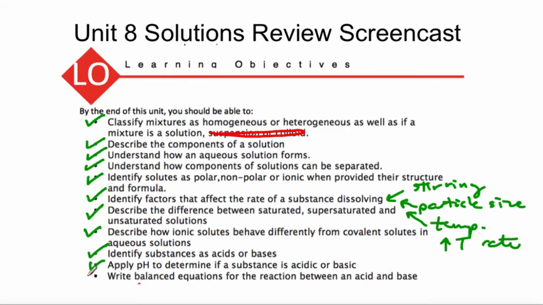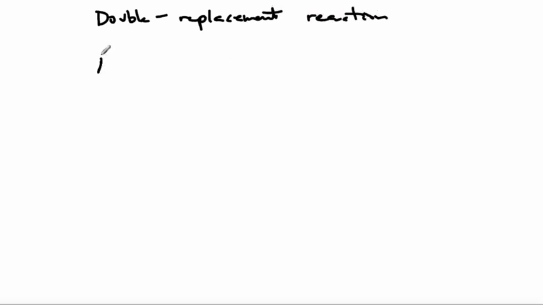And the final piece is writing balanced equations for the reaction between acid and base. And there's a general format that we can use that goes back to when we first learned about a type of reaction called a double replacement reaction. If you recall, a double replacement reaction follows a pattern. AB plus CD goes to AD plus CB.